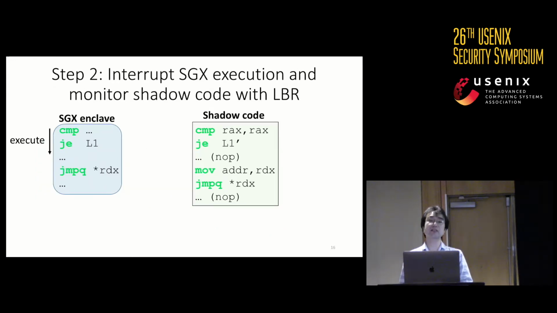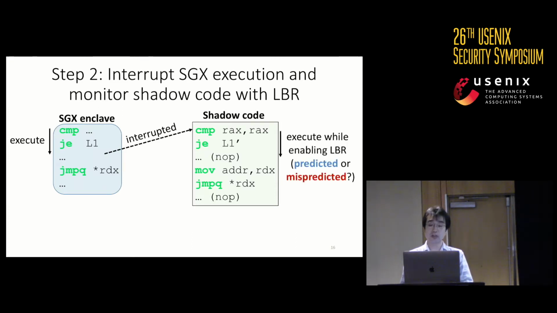The second step is how we can synchronize the SGX enclave with the shadow code while monitoring its behavior with LBR. We first execute the SGX enclave and then interrupt its execution as frequently as possible. Then we execute our shadow code while enabling LBR. LBR will say whether the shadow branch's execution has been correctly predicted or mispredicted.